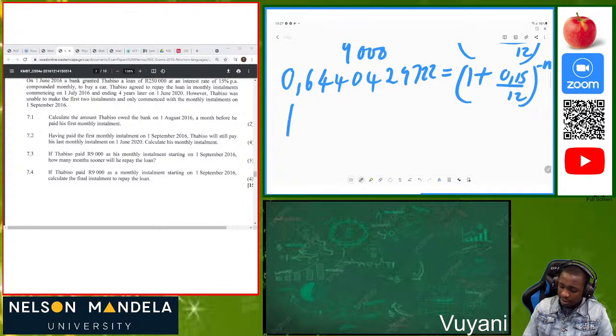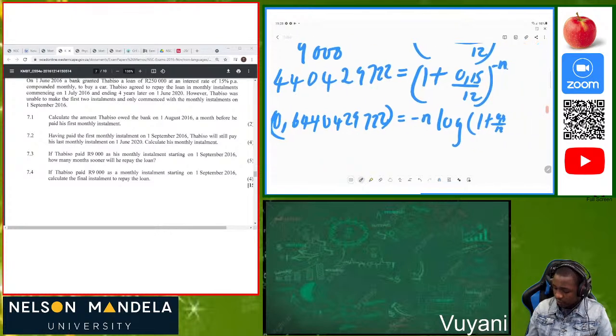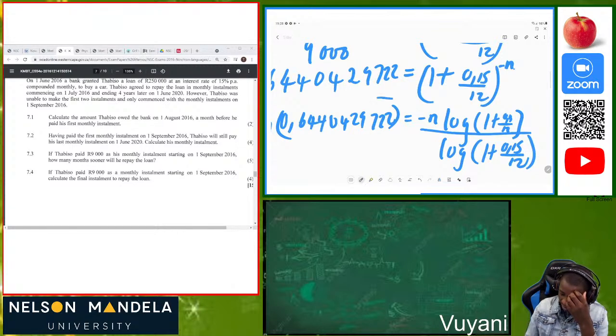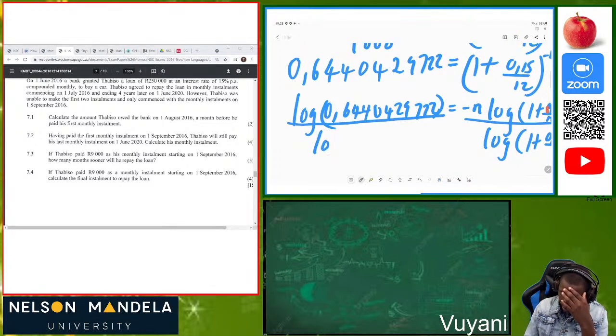Applying log on both sides gives log of 0.644042972 equal to negative n log of 1 plus 0.15 divided by 12. Then we want n, so we divide by log of 1 plus 0.15 over 12 on both sides.